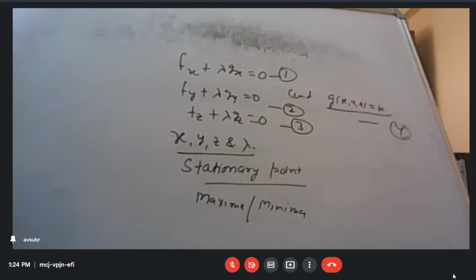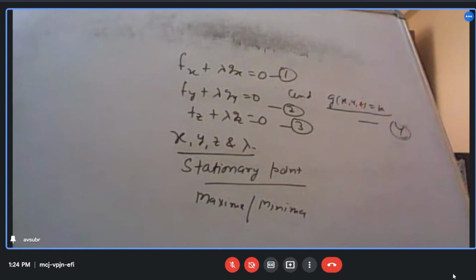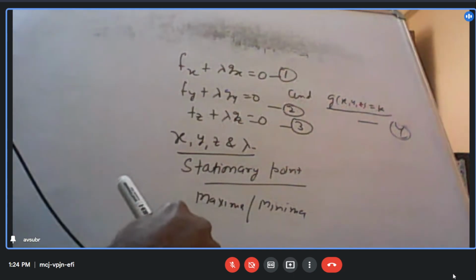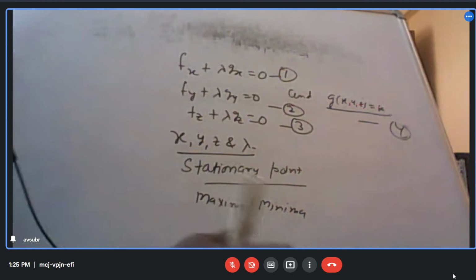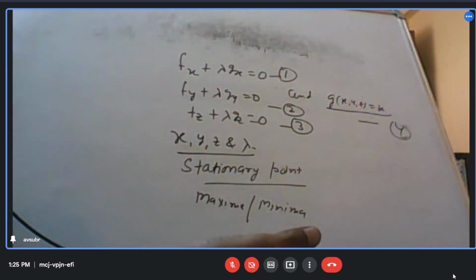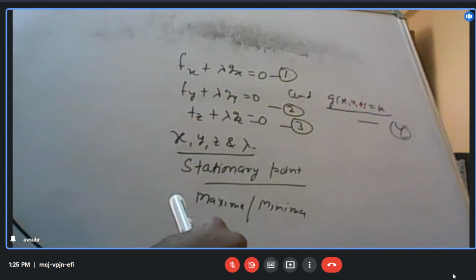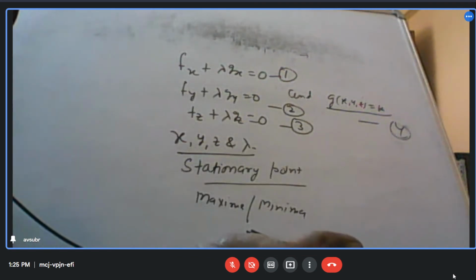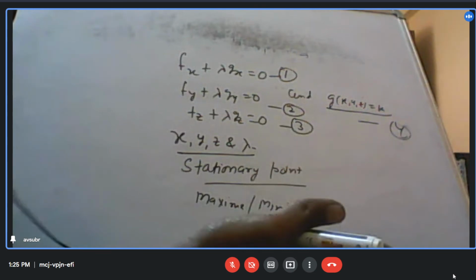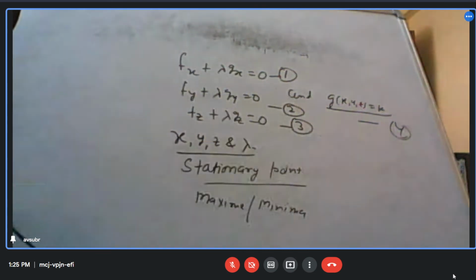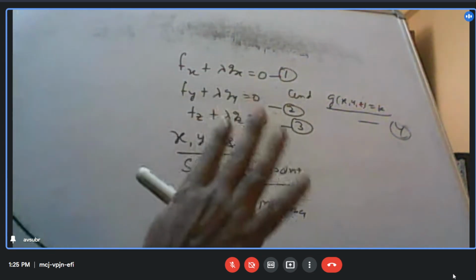We can take 2 multipliers. All right. Very good. So 2 multipliers. Then you would have had how many equations? 5 equations and 5 unknowns. So we could easily find that out. Okay. So then the rest of the thing is the same.